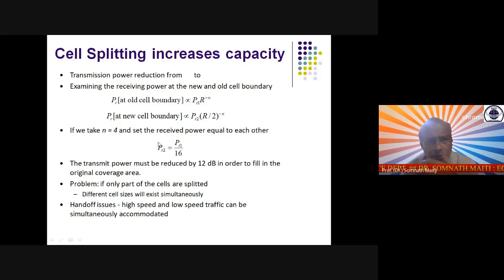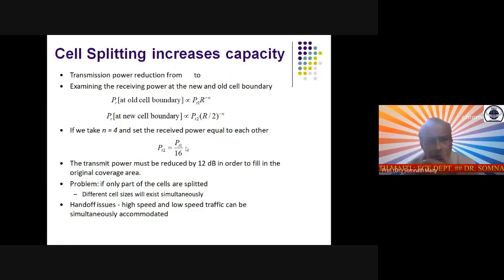So the transmitted power in the pico cell has been reduced to 1 by 16th of its original power. The transmitted power must be reduced by 16, which in terms of dB is 12 dB.